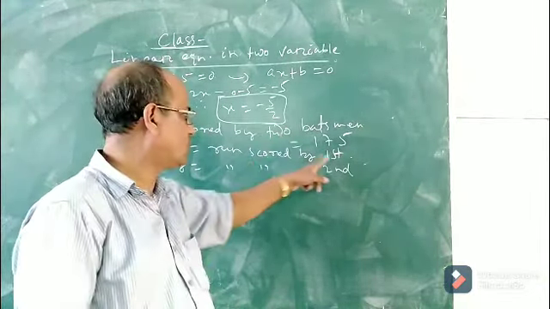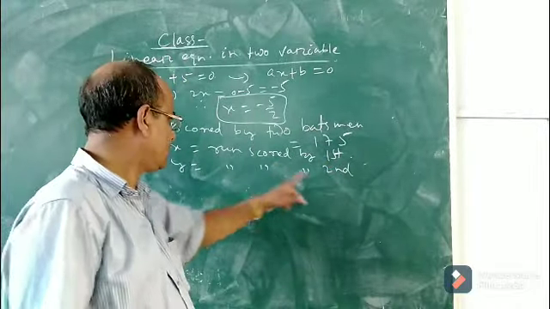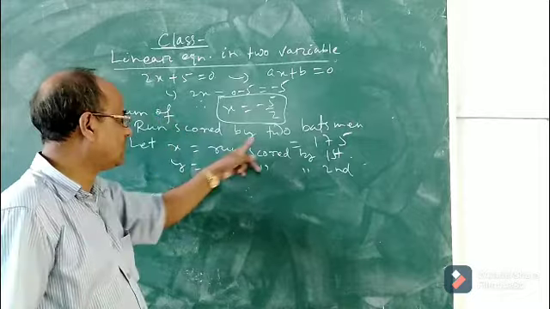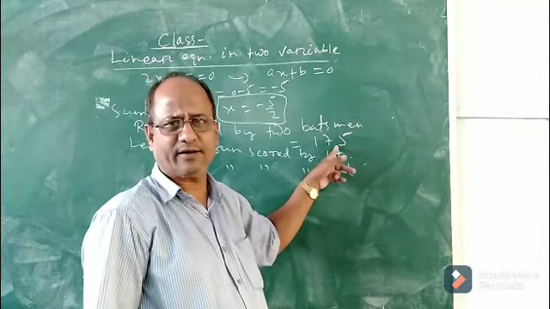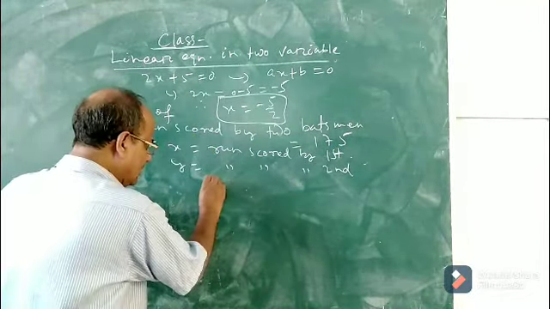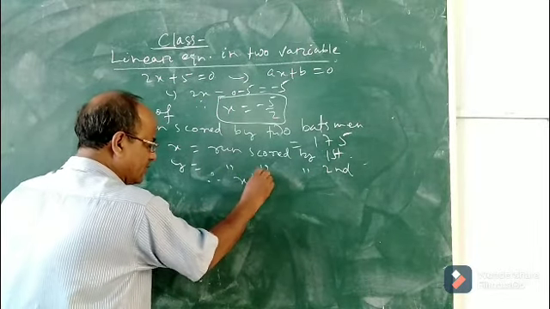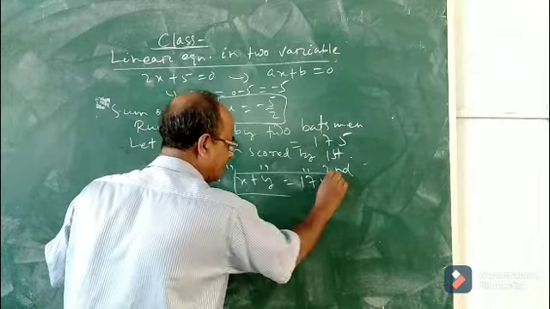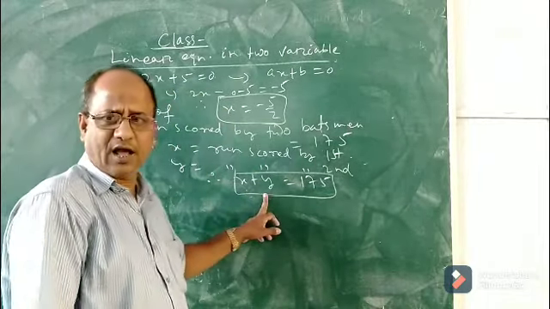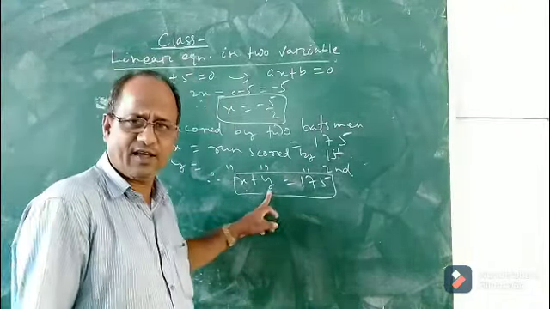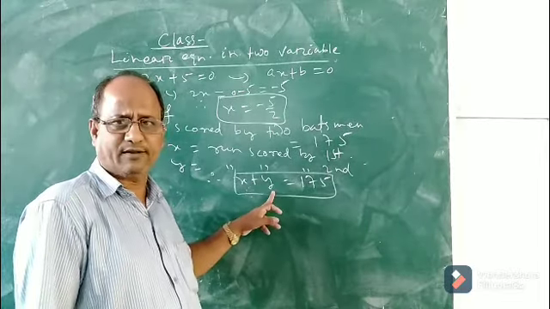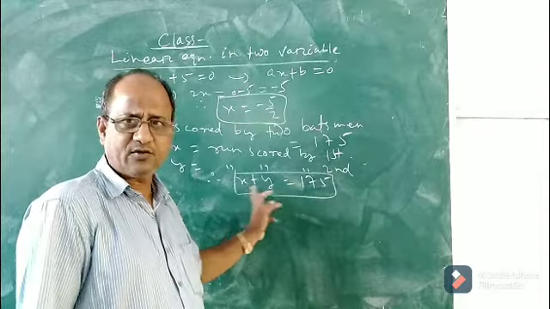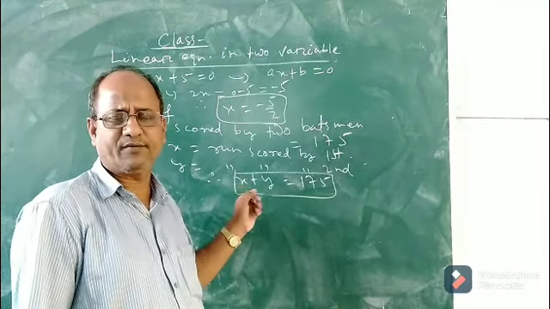Run scored by the first batsman is x, run scored by the second batsman is y, and we are given that the total run scored by the two batsmen is 175. So in terms of equation, it will become x plus y equal to 175. See children, this is a linear equation in two variables. It involves two variables, namely x and y. So this is called a linear equation in two variables.